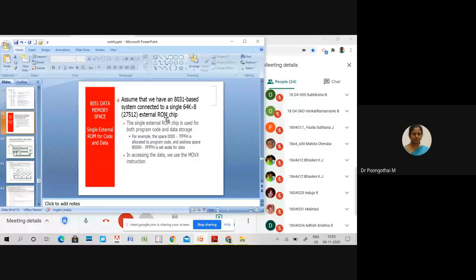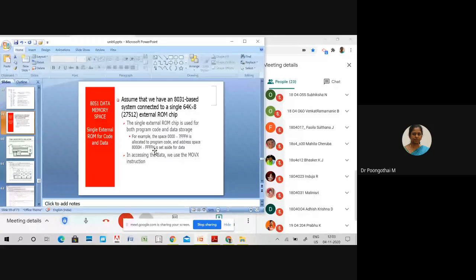So the entire program space is divided into two. One part is specifically allotted for storing your program code and the other is for data. The addresses 0000 to FFFF are divided into two memory spaces.